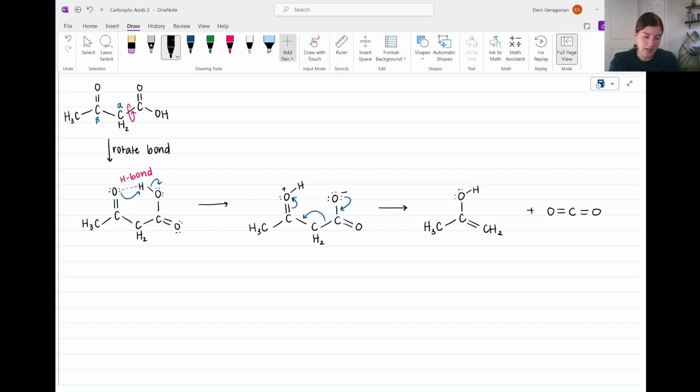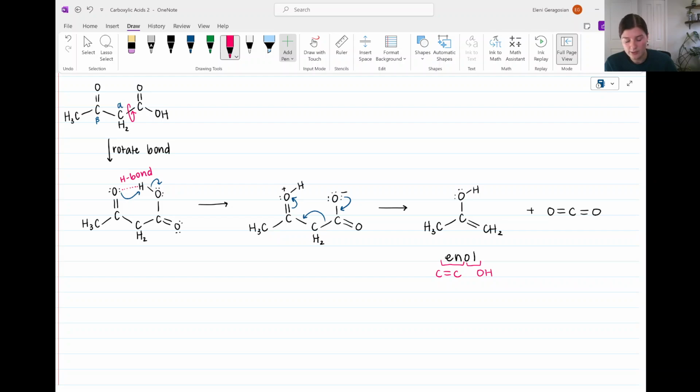And then the other part of the molecule has now become what we call an enol. An enol, the En, means we have a carbon to carbon double bond, which we do have in that molecule. And the Ol means we have an alcohol or an OH group, which we also have in that molecule.